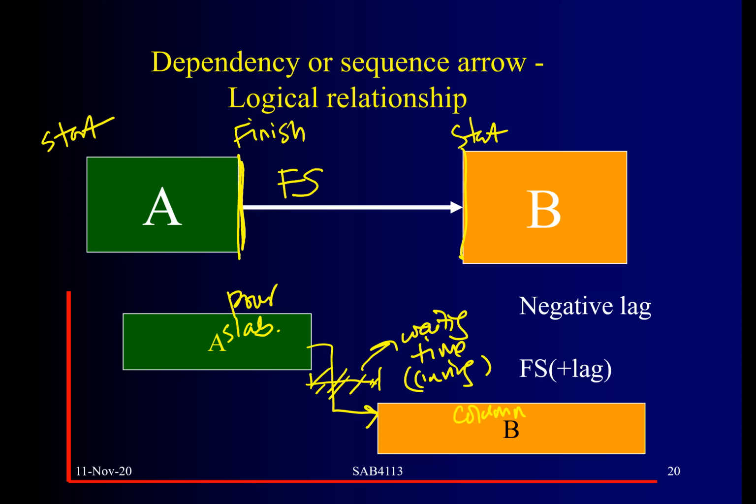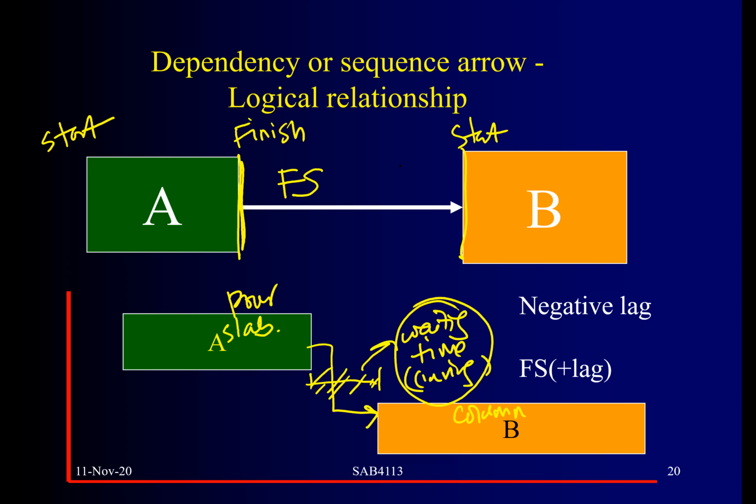And in scheduling, for the PDM diagram, we have a way to indicate that the starting of the following activity might be delayed a little bit due to an allowance for curing time.